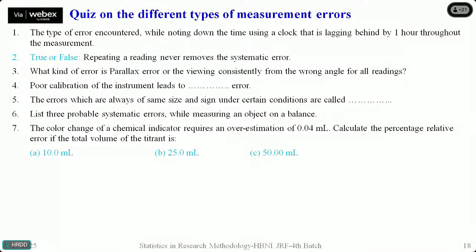But there may be some practical difficulty also. You don't have 50 ml of the solution at all. Then what will you do? You may have to compromise. If possible with 25 ml, we will go for that. If not, then with 10 ml only, you have to be more careful from your side so that you introduce the minimum error.